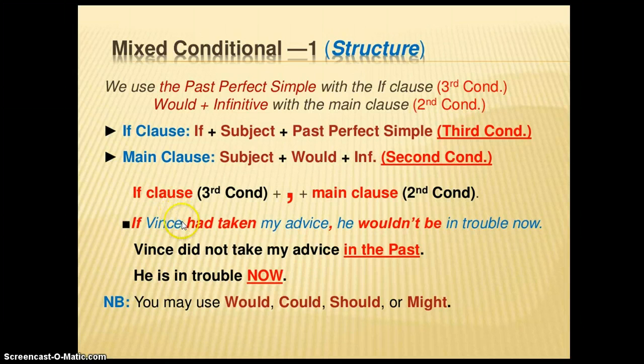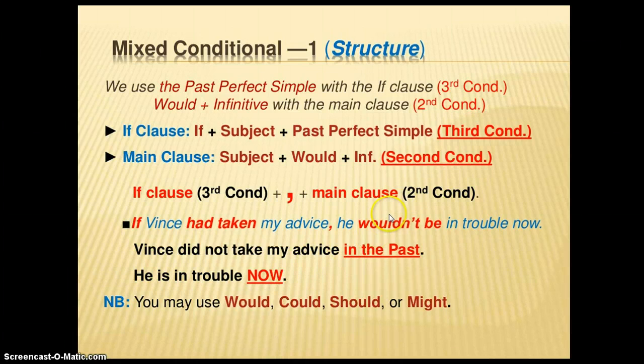If Vince had taken my advice, had taken is the third conditional, he wouldn't be in trouble now, and wouldn't be is a conditional simple, second conditional. That is, Vince didn't take my advice in the past, but it is now when he is in trouble. So it refers to the past, but the result affects the present.